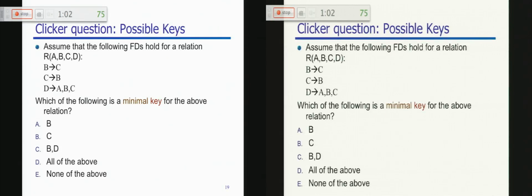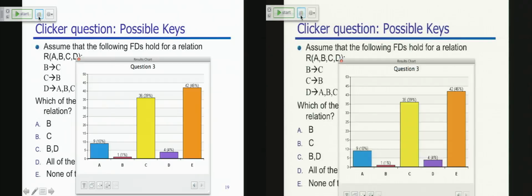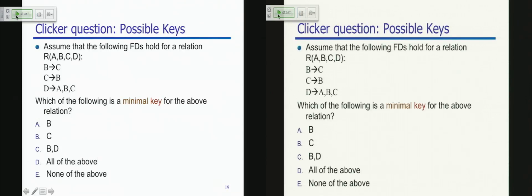Right, let's finish the first round up. 5, 4, 3, 2, 1. Random clicks. Right, we've got some convincing to do.